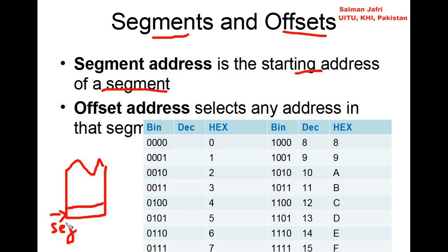If we are talking about the code, we look at the CS. For the data, we look at the DS. Similarly, for the extra data, we look at ES, and for the stack segment, we look at the SS register. So the segment register tells us the starting address of the segment, and any particular location in this segment can be given by the offset address.